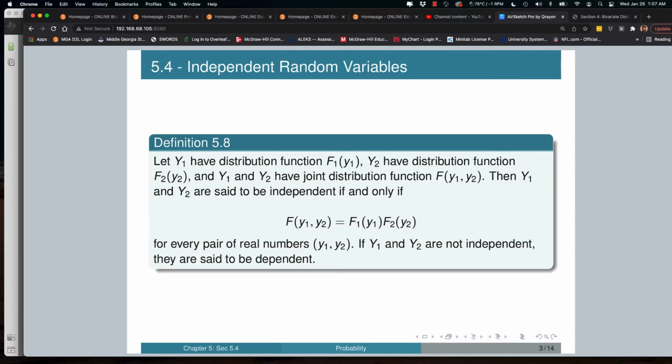So a couple of definitions here on the first few slides from the textbook.